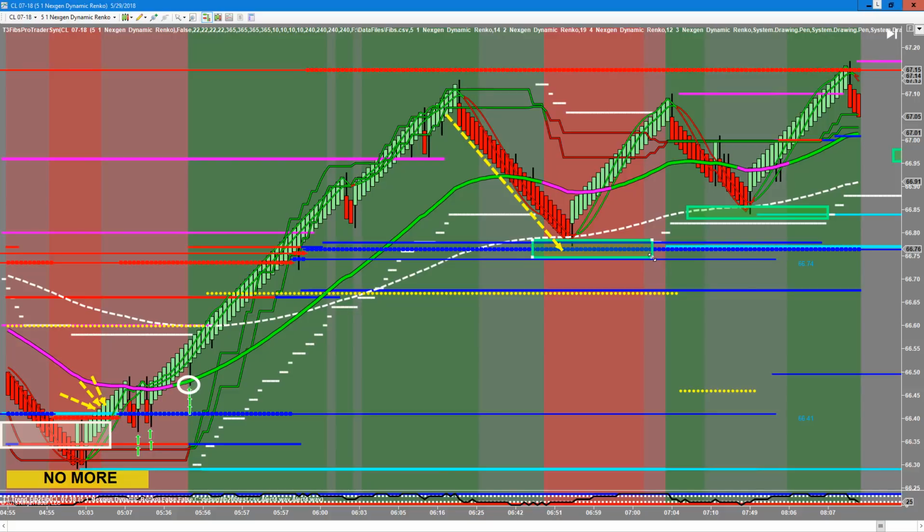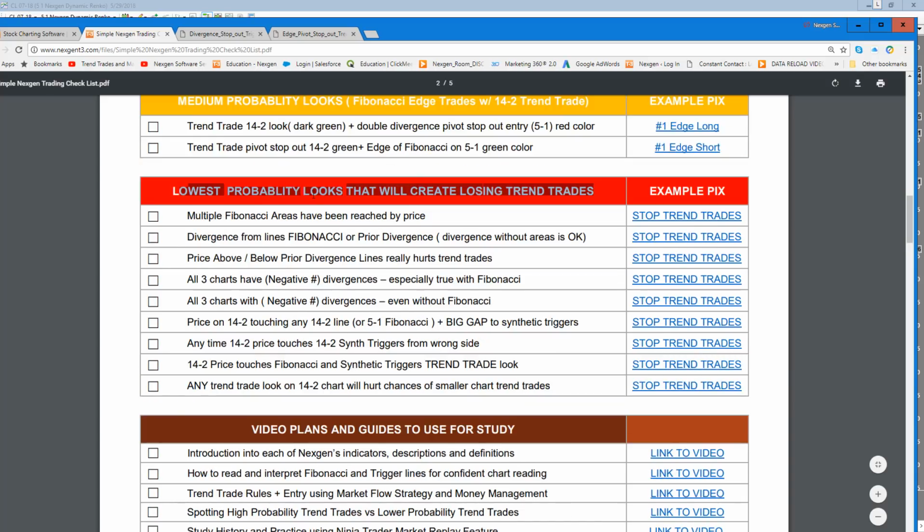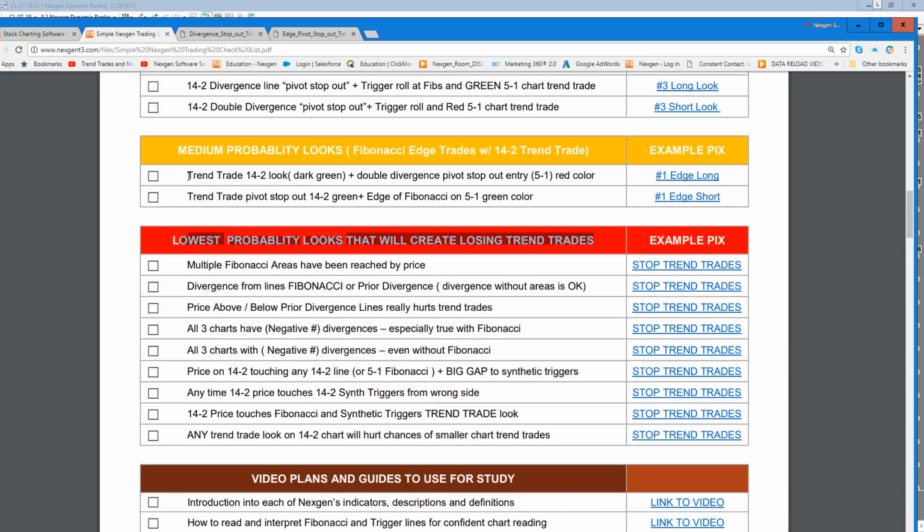We're going long at lots of blue lines with a trend trade long because that's what the rules are. And again, there's no other way other than to say you have to learn the rules. So if you have a perfect trend trade look and a dark green background on the 14.2, you can go long, especially if you're at the edge of Fibonacci's on the 5.1 chart.